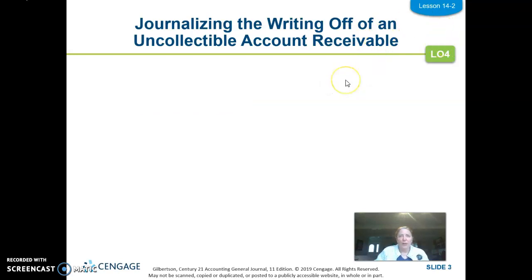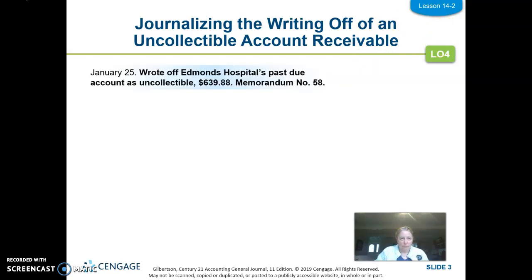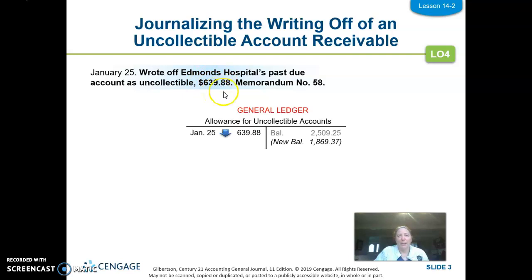So when we do this, for instance, writing off Edmonds Hospital's past due account as uncollectible. We've identified them in particular, they owe us this much, and we're going to write that much off. In the allowance, we had a balance of $2509.25. If you recall, that's what our estimate was at the end of last year.